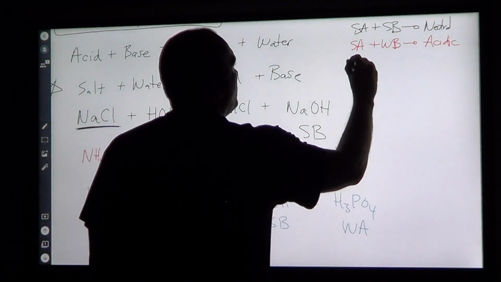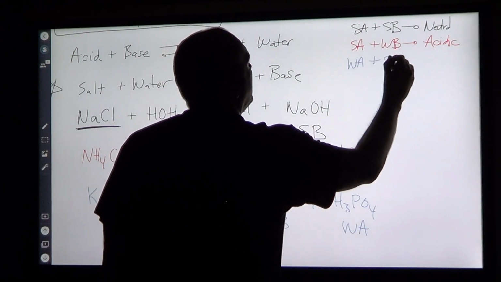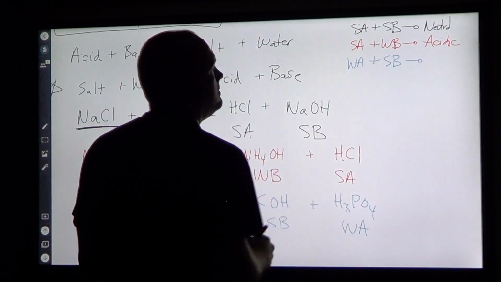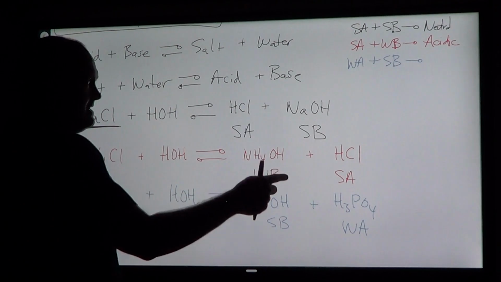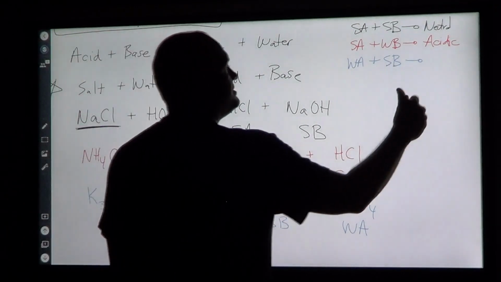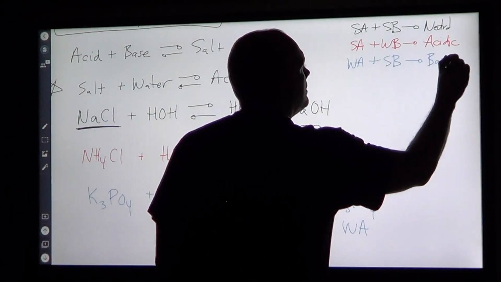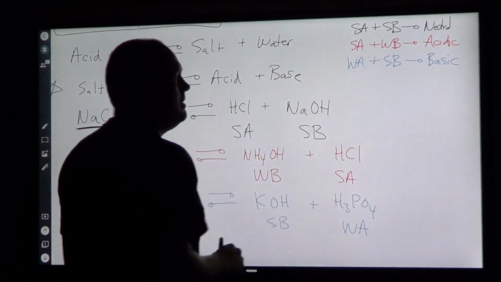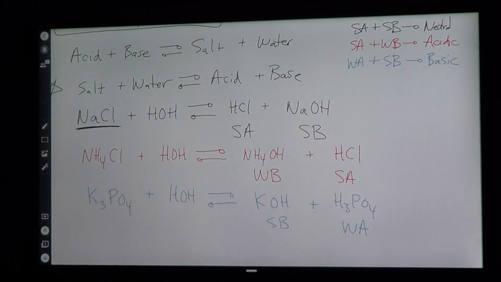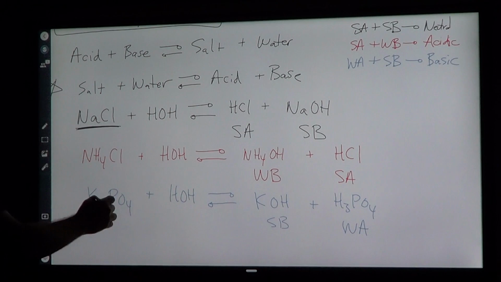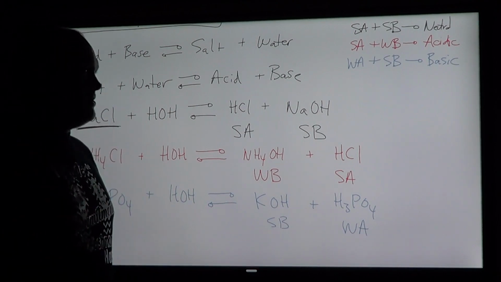So if you have a weak acid and a strong base, then the base will neutralize the acid and you'll still have some base left over.